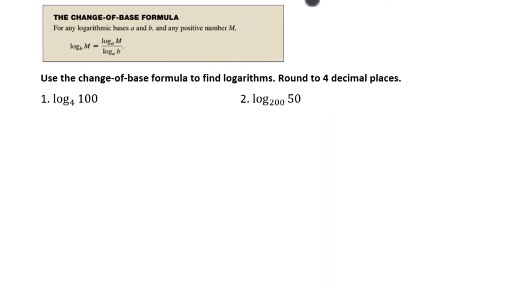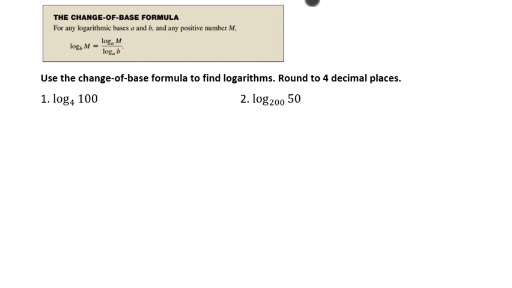All right, here, this is change of base form. So if you needed to find a decimal approximation for something, you would do this. So you do log base b of m is equal to log base a of m divided by log base a of b. So you can use any base. I recommend using the base of 10 because that's the one that's on your calculator.